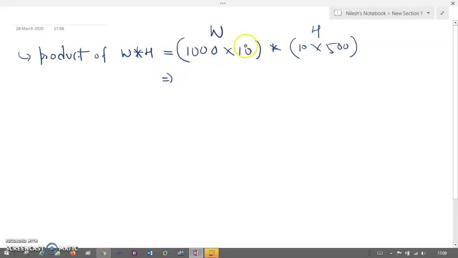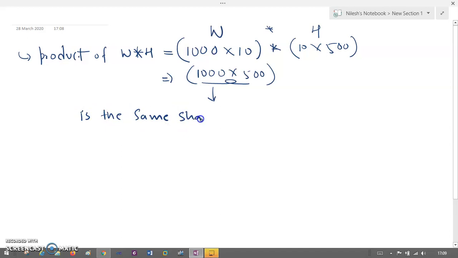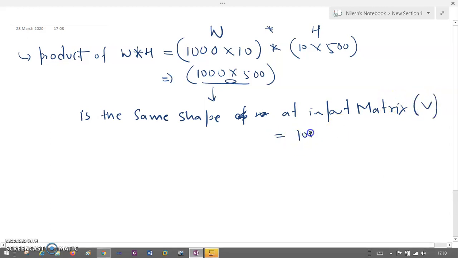So what you will get is 1000 cross 500, and this is the same shape as the input matrix V, that is 1000 cross 500.